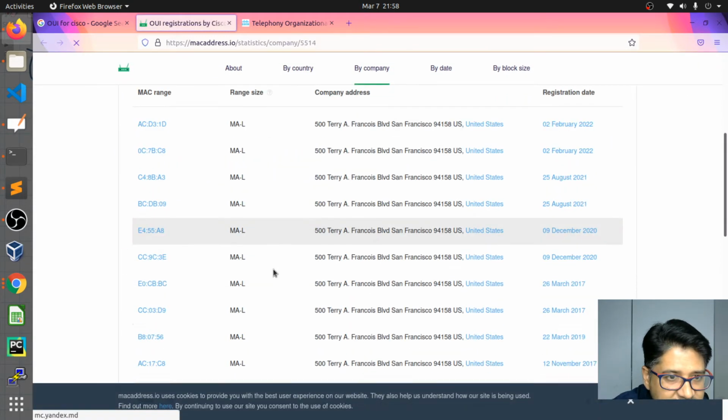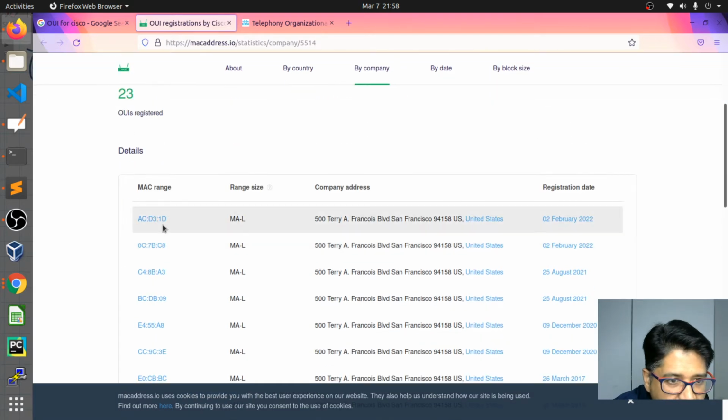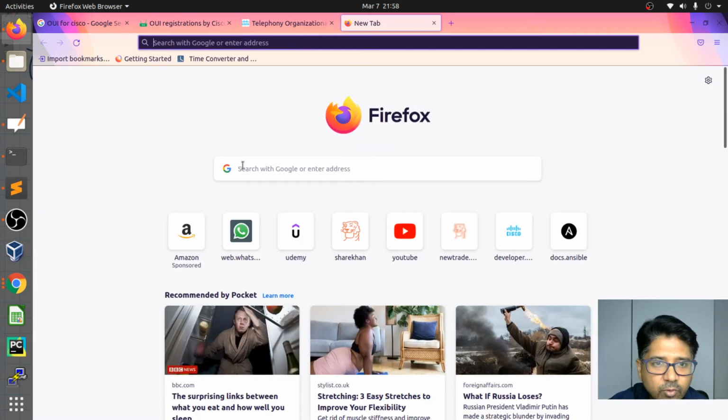The organizationally unique identifier they have given me. You can always see the MAC range of this. Can you see? These belong to the OUI.